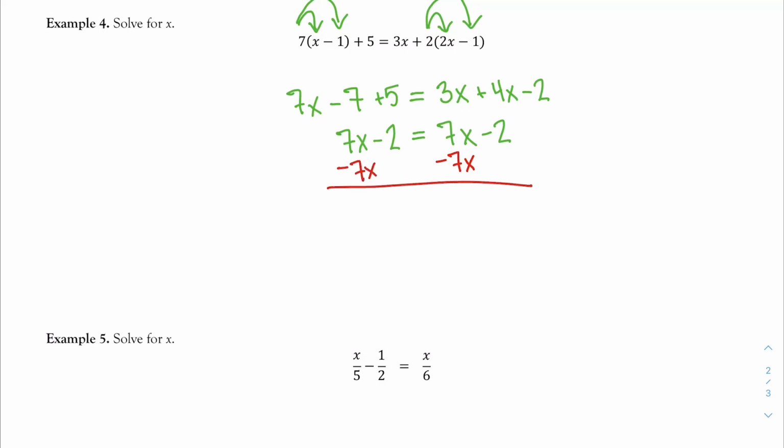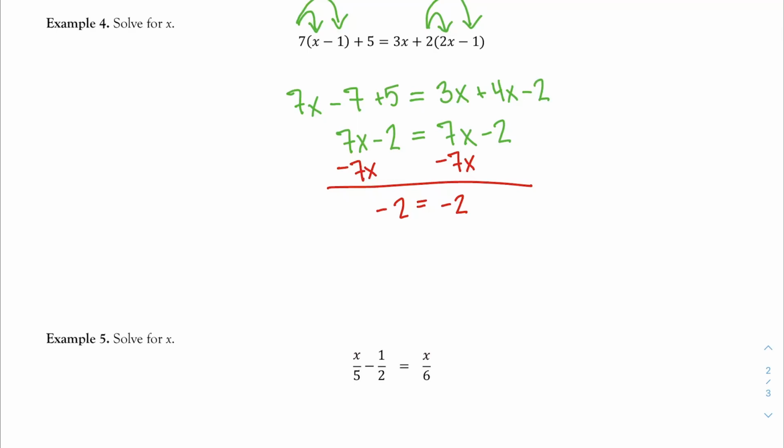And then I get negative 2 is equal to negative 2. I still have the same thing on the left and the right. Well, that's definitely true. A number is equal to itself.